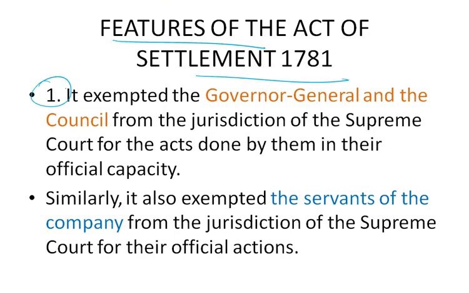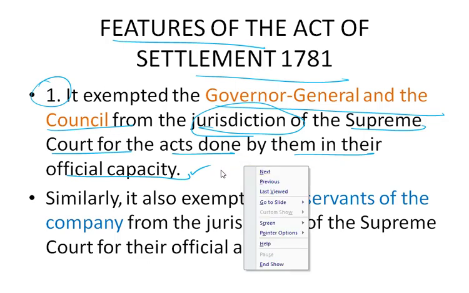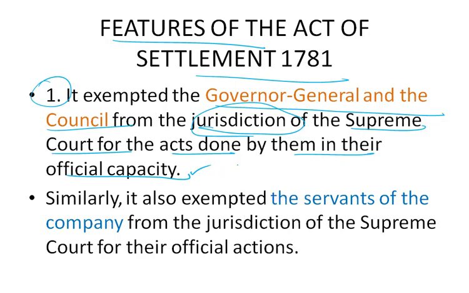The first feature is that it exempted the Governor General and his council from the jurisdiction of the Supreme Court for the acts done by them in their official capacity. That means the Supreme Court has no role over the Governor General and his council for whatever acts are done in their official capacity, meaning when they were executing their functions.